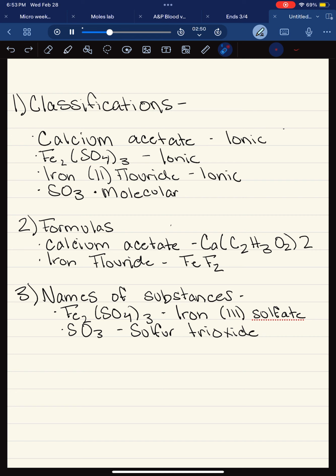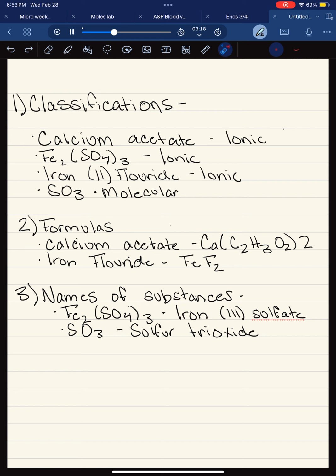And then naming our substances here, this is going to be iron sulfate. The formula here indicates that there are 2 ions with a positive oxidation state, which is our iron here, and then 3 sulfate ions here.